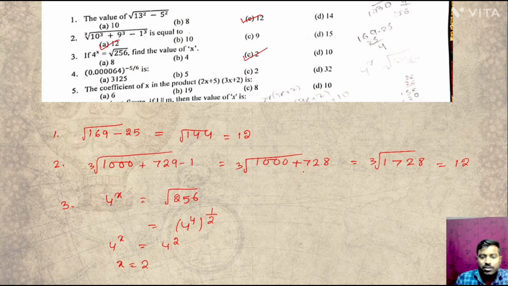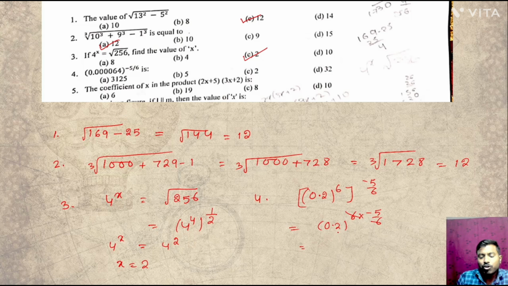Next question, question number 4. 0.00064 means we can write 0.2 whole to the power 6, again whole to the power minus 5 by 6, then power means we multiply, means 0.2 into 6 into minus 5 by 6, 6 cancel.